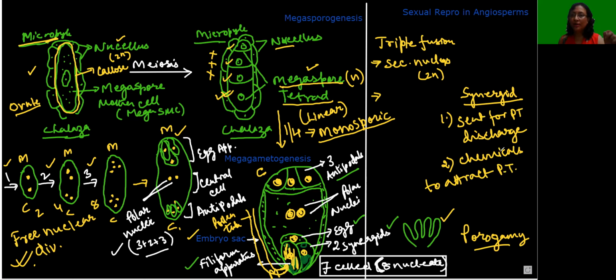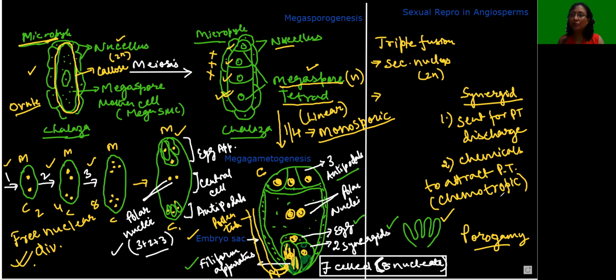Because the pollen tube is traveling right from the stigma through the style, it's a long distance it has traveled, and it is finally reaching the micropyle of the ovule. It has to locate it. So for location, there is chemotropism. It's a chemotropic movement. Why do we call it chemotropic? Because this is not locomotory, unlike the lower plants, bryophytes and pteridophytes, where the male gametes, antherozoids, were motile.